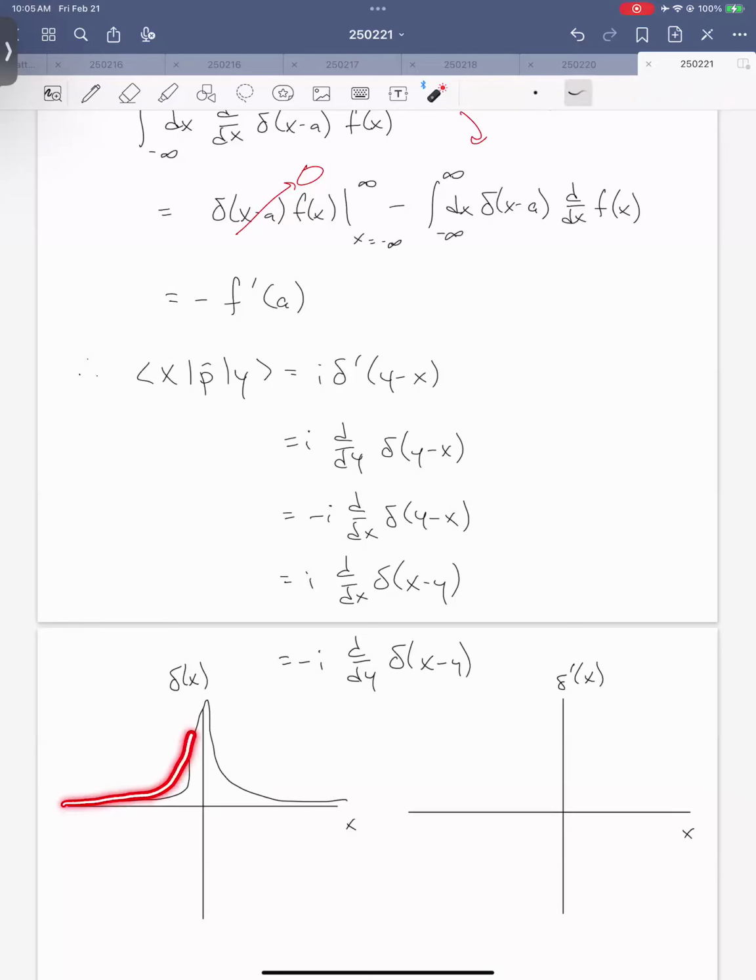So it's a positive slope going to infinite positive, and then it's a negative infinity going down to just barely zero. So it's an odd function that looks like this. And so that's what's happening here. If it's just a delta function, I can swap the arguments and not change anything. But if I have a delta prime and I swap the order of the arguments, I pick up a minus sign.